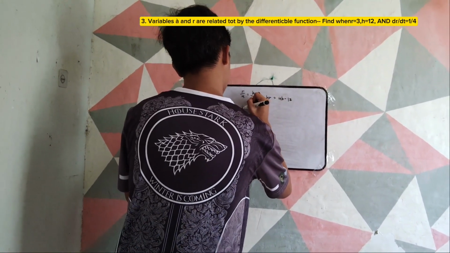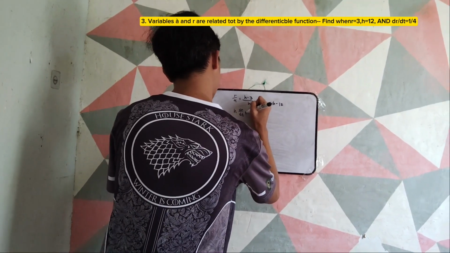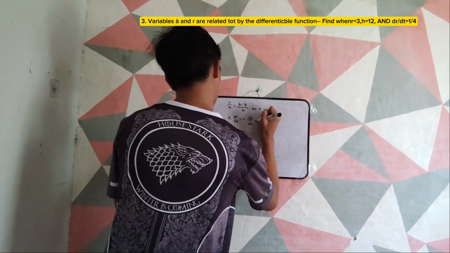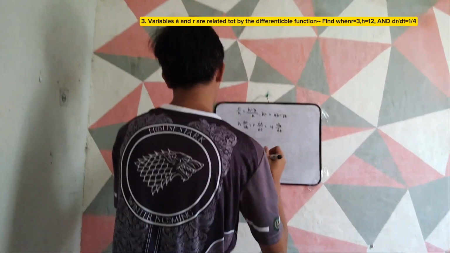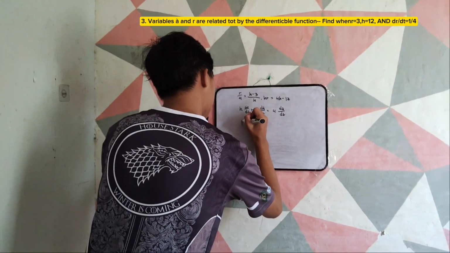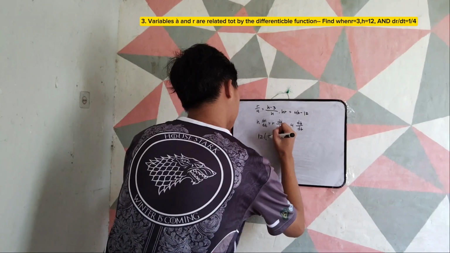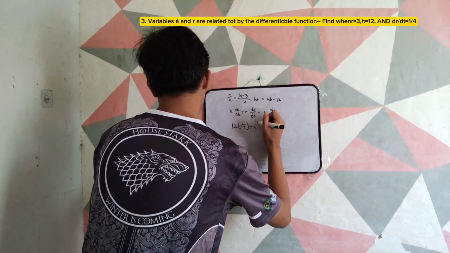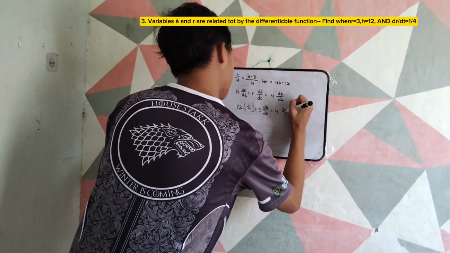So therefore h dr over dt plus r dh over dt is equal to 4 dh over dt. So we substitute the given values and solve for dh over dt. The given height is 12, times dr over dt which is 1/4, plus the radius which is 3 and dh over dt, so 4 dh over dt.